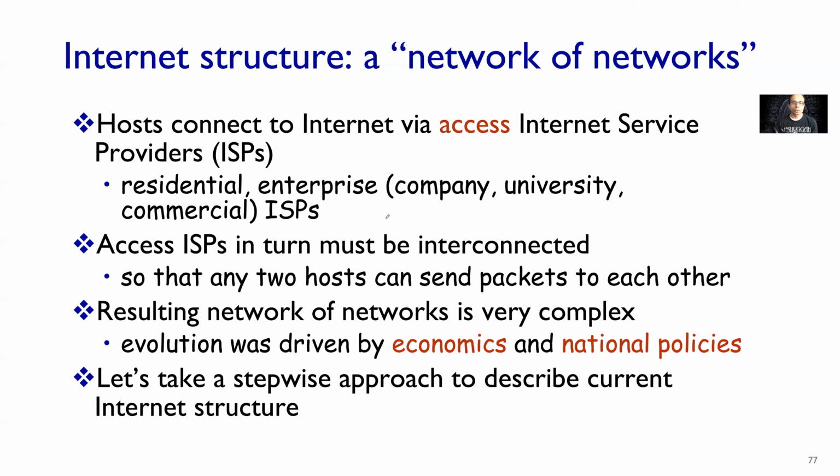If you want to actually map the internet, it would look very complex, because remember, we are talking of a global network. There are 190 countries or something like that in the world, and over 9 billion people. So really, this is a humongous, complex network of networks, and a lot of the evolution is driven by policies.